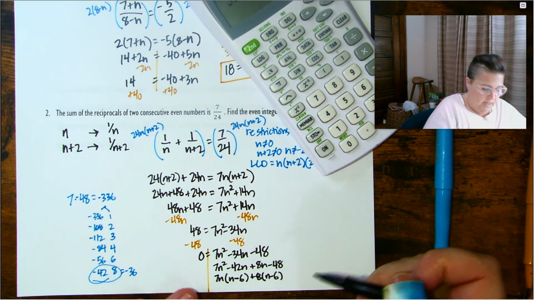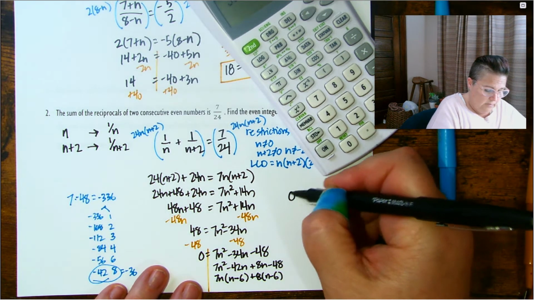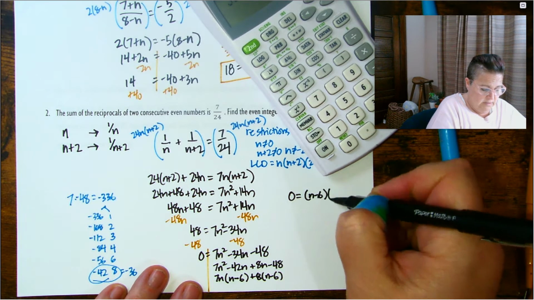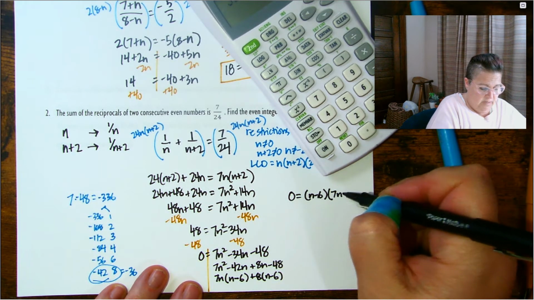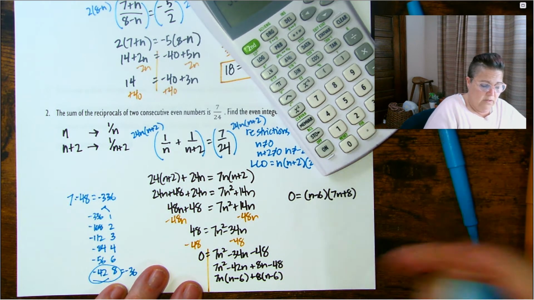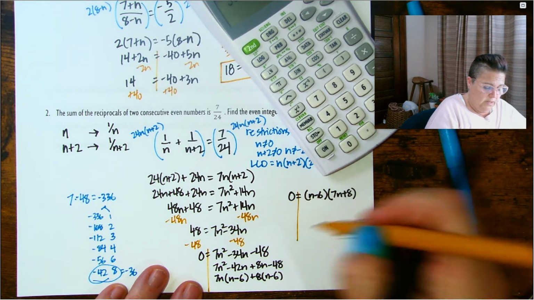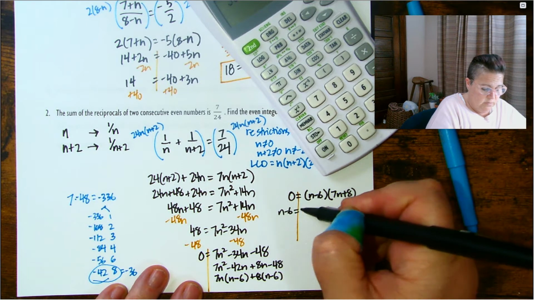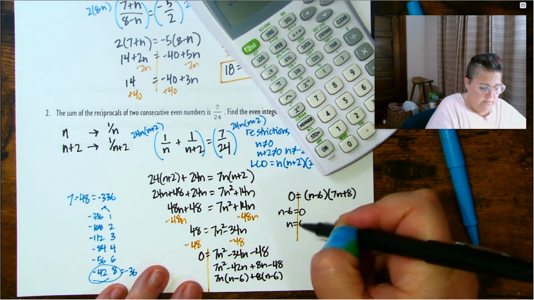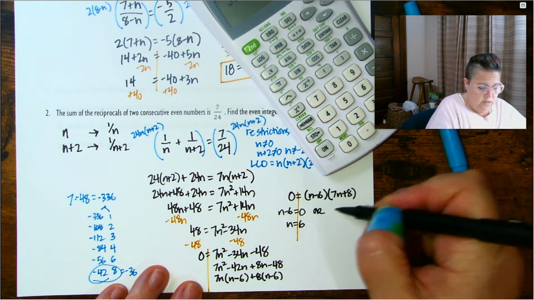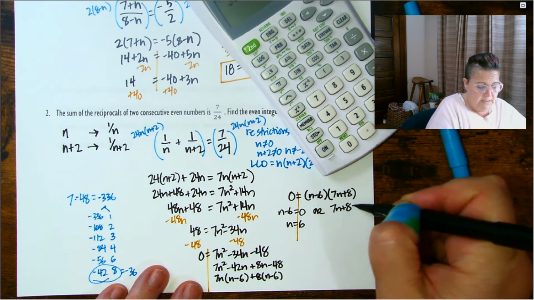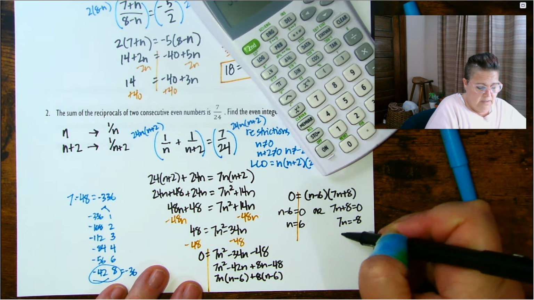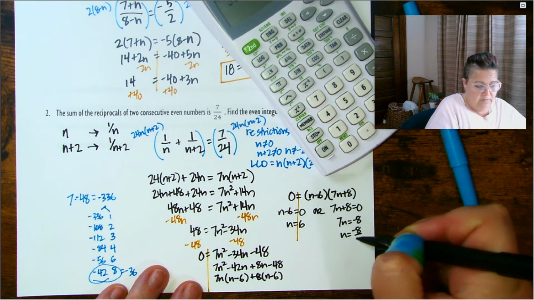So I will have 0 is equal to n minus 6 times a 7n plus 8. Using the zero product property, either n minus 6 is equal to 0 and n is equal to 6, or 7n plus 8 is equal to 0, 7n is a negative 8, n is a negative 8/7.